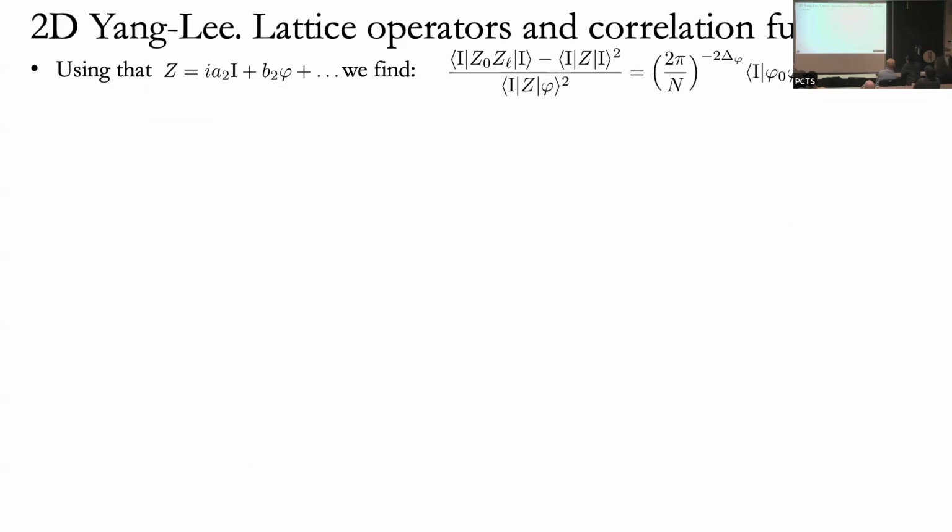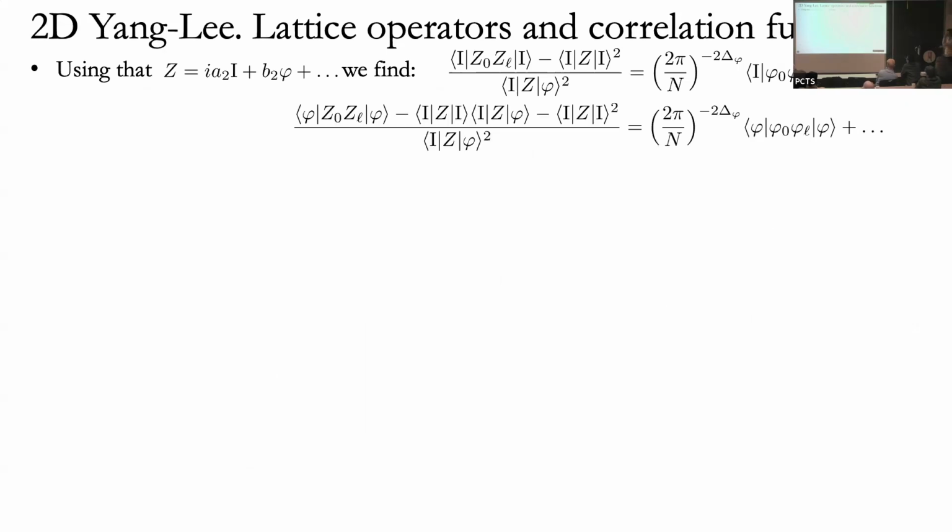But what is more interesting is to look at the correlation function, because we were curious whether the correlation really grows or not, whether the CFT predictions are correct or not. You can take the operator and extract these correlation functions if you properly subtract some terms from this expansion.